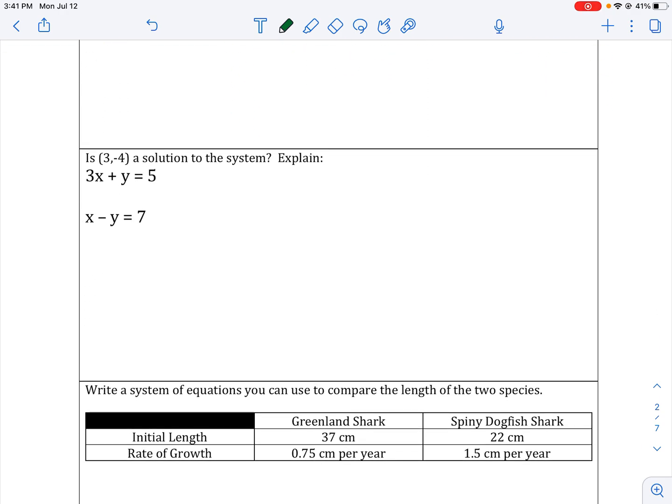So let's try this coordinate, this ordered pair right here. I'm going to substitute these values into the equation. So 3 times 3 is 9, minus 4. 9 minus 4 is 5. 5 does in fact equal 5, so it works for the first one. Now let's check the second one. 3 minus a negative 4 should equal 7.